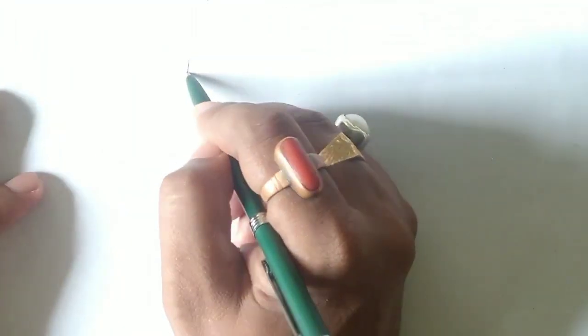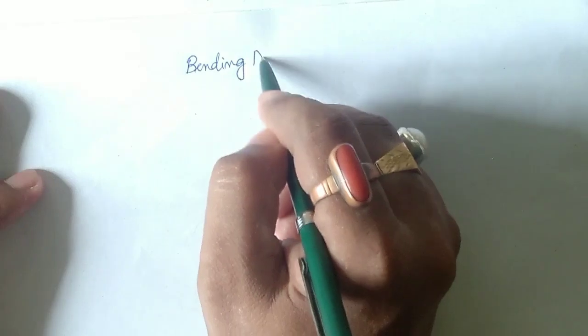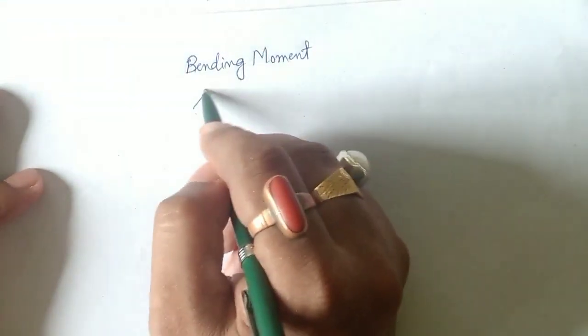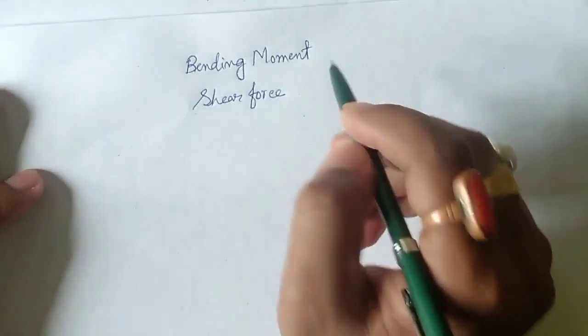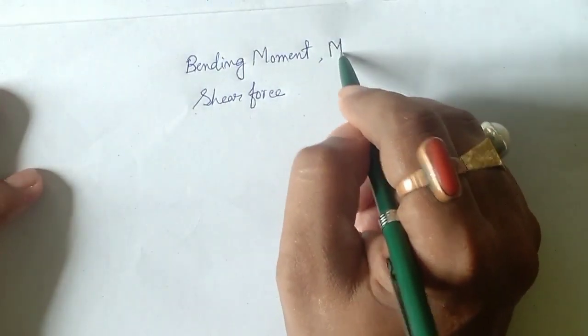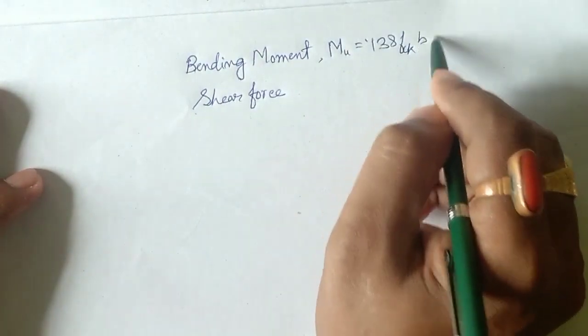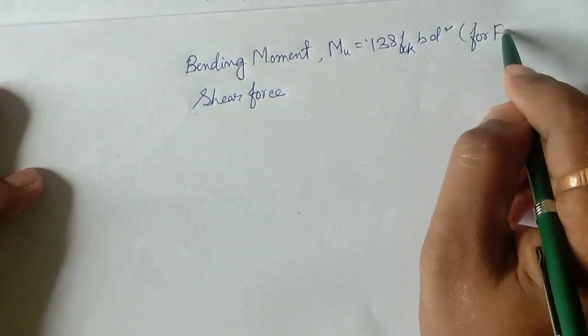When we design an RCC beam, we commonly design it for two parameters. One is bending moment, the other is shear force. The bending moment Mu, for Fe 415.